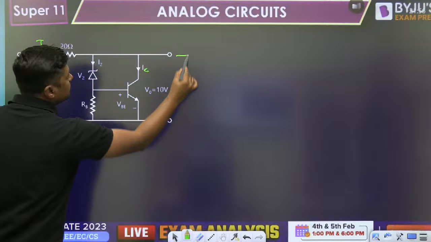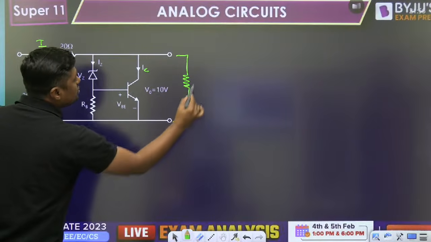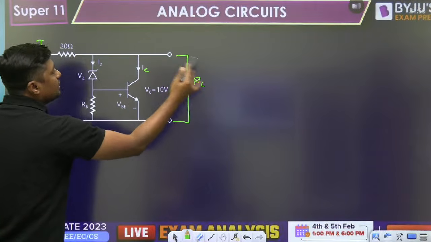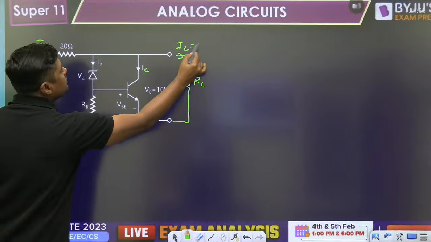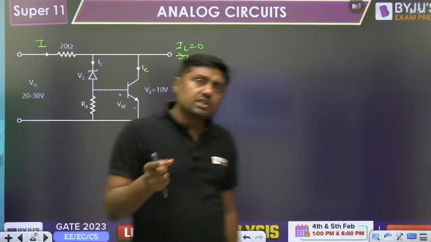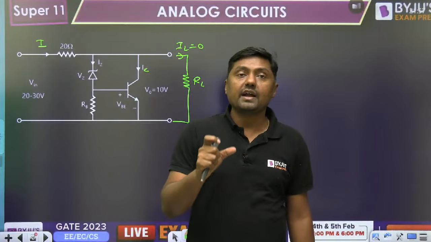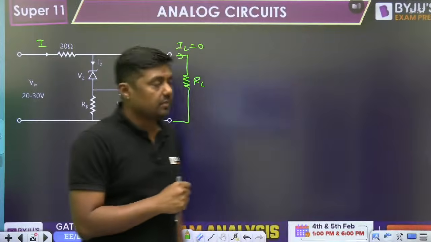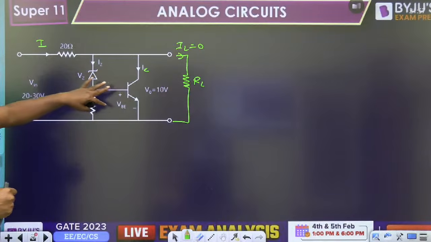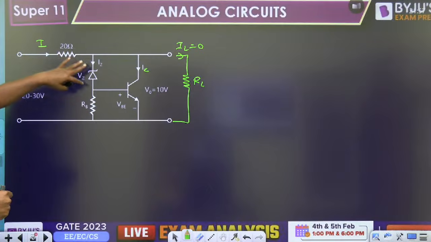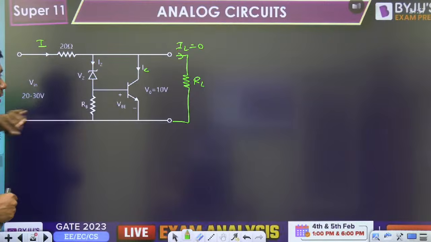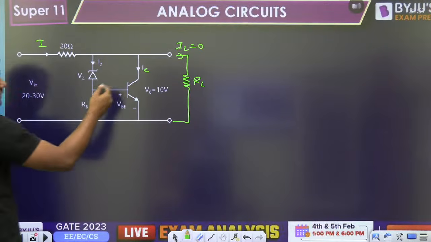RL is not given. Sometimes they will give you RL in the question. Remove the RL so that IL will become 0, because in that case you are going to get the worst condition, my dear students. During power dissipation, let the complete current pass through the Zener diode and IC. That is the worst condition, if it is not given.